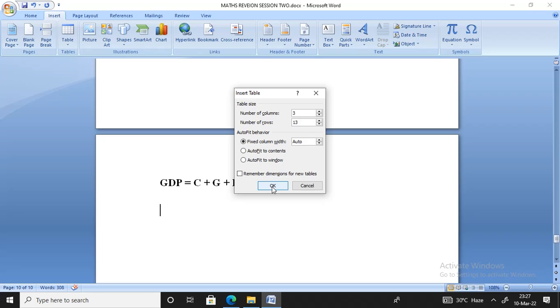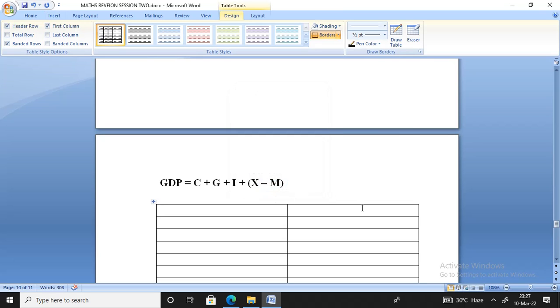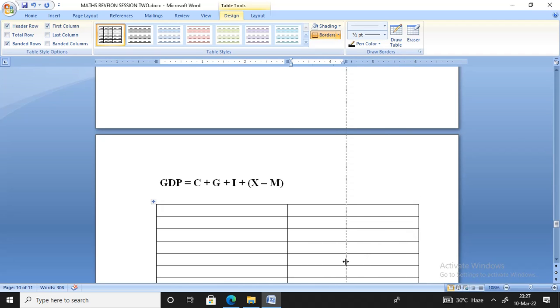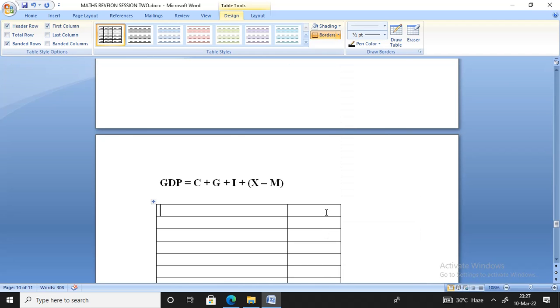We just need 2 columns. Quite so, let's start picking the items from the question.